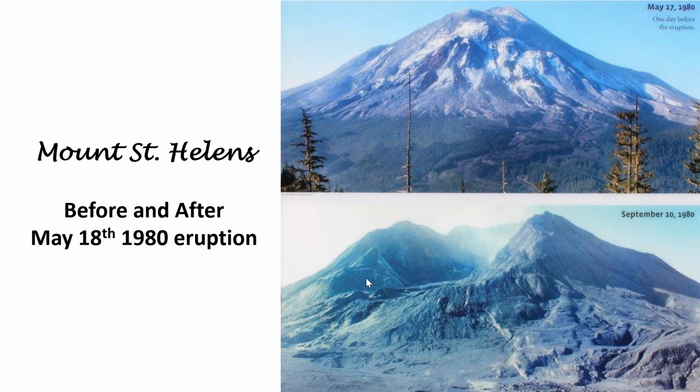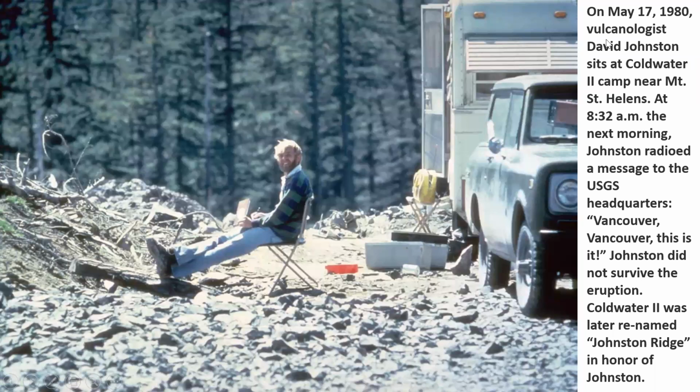So what happened? Well, let's just take a look at some of the pictures so that when we discuss the idea of the changes connected to evolution, we will be able to understand and appreciate better. So this is a picture of the volcanologist, David Johnston. He was there at 8:32, right?